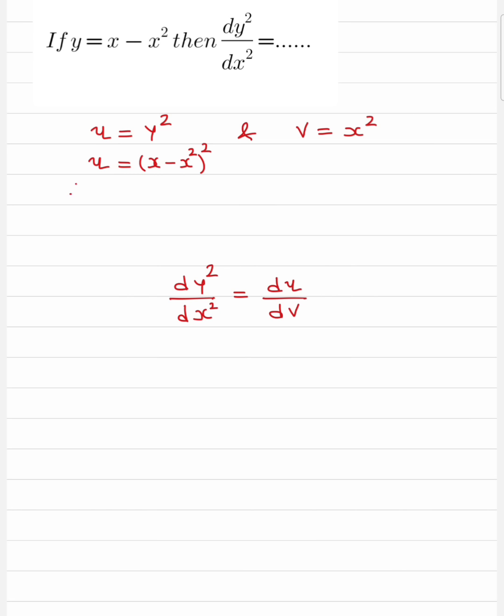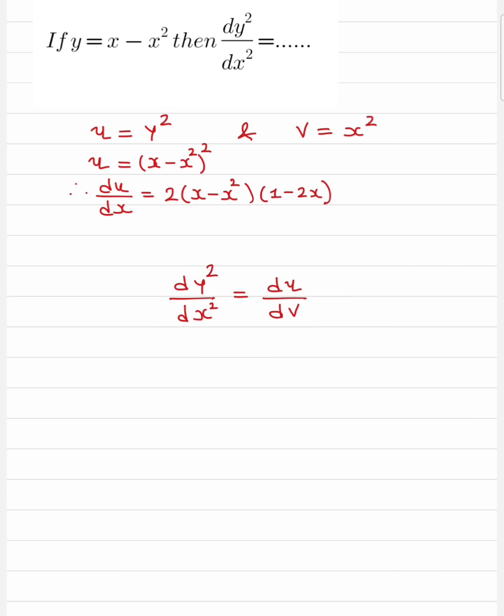Now we're going to differentiate u with respect to x. So du by dx is nothing but 2 times (x minus x square) into d by dx of (x minus x square), which is nothing but 1 minus 2x, right?